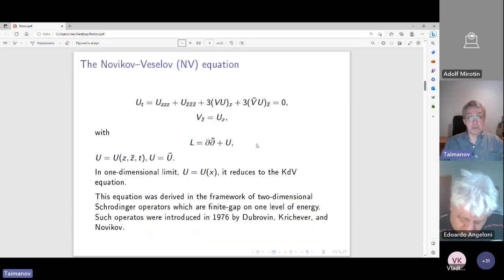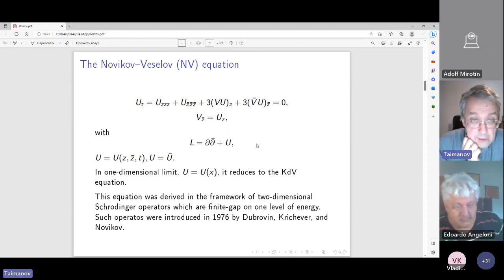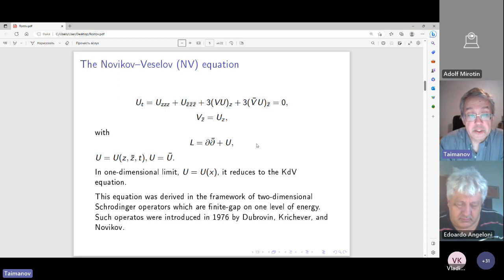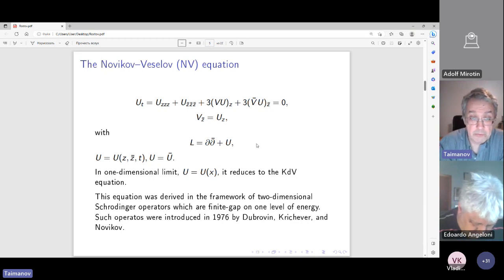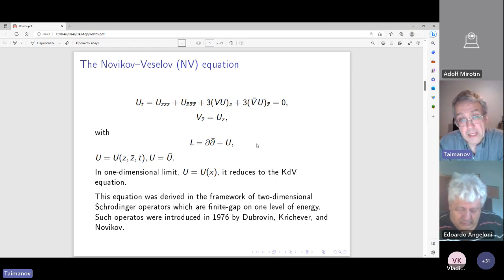What are these examples? For instance, the Novikov-Veselov equation. It's written here: U_t equals the third derivative of U with respect to z plus the third derivative with respect to z bar, where z is the complex variable in the complex plane or a domain of it, plus terms very similar to KdV.